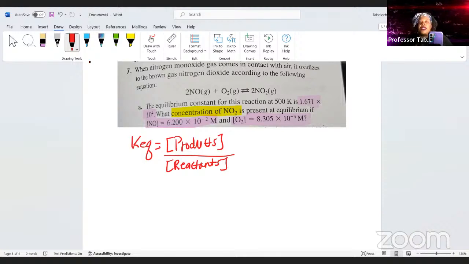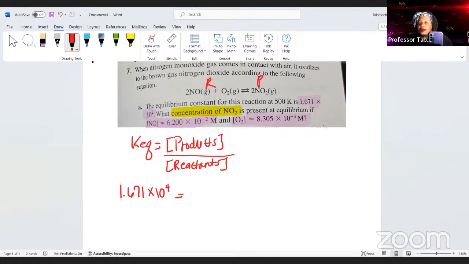So I'm going to plug these values in. The K constant that they gave us here was 1.671 times 10 to the 4th power, equals the products. Remember, your reactants are on the left, your products are on the right.